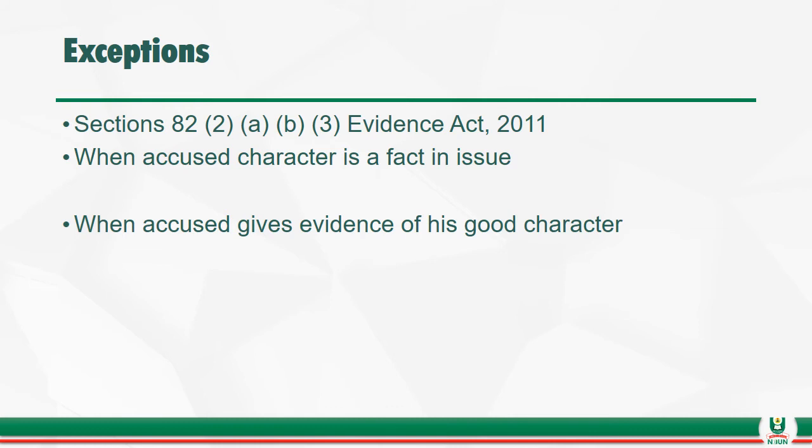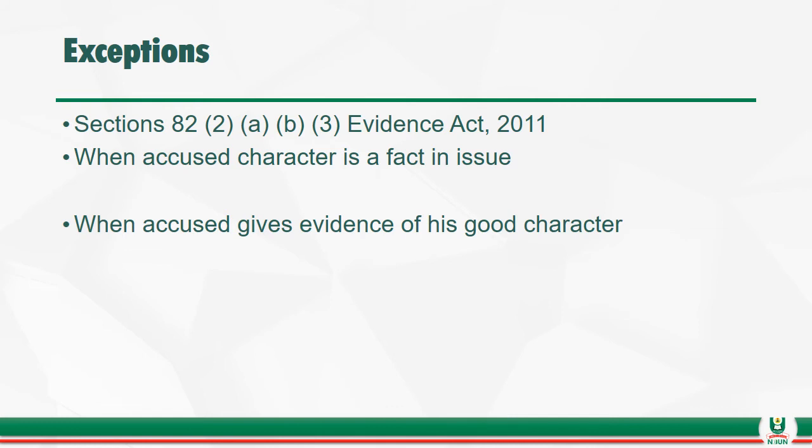Now if we look at the offense of being a rogue or vagabond under section 250 subsection 1 of the Criminal Code, in such a case there must be evidence of previous conviction of being an idle or disorderly person.